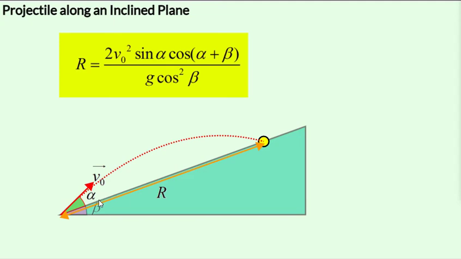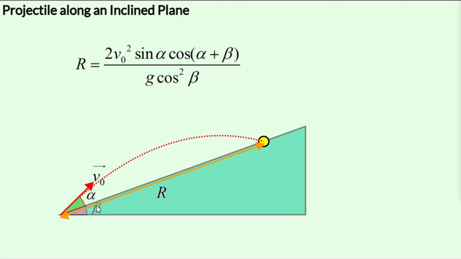And we arrive at the range r as 2 v0 squared sine alpha cos(alpha plus beta) over g cos squared beta. Once again, beta is the angle of the incline and alpha is the launch angle with respect to the incline.